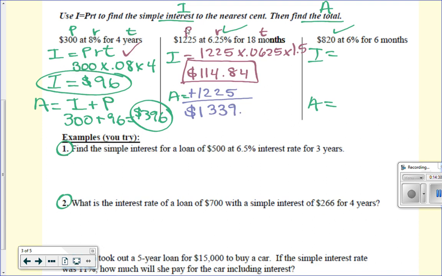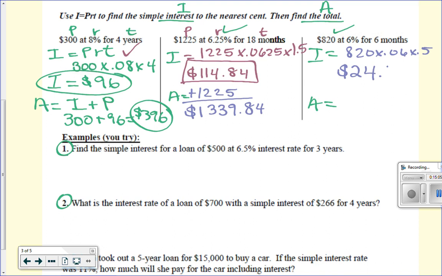$1,339.84. Right? We're including dollar signs because we're talking about money. All right. And then what was the interest amount you got here? $24.60.